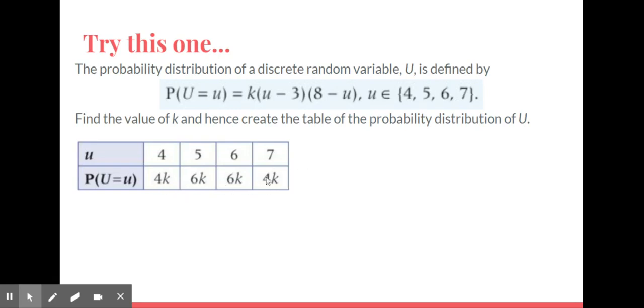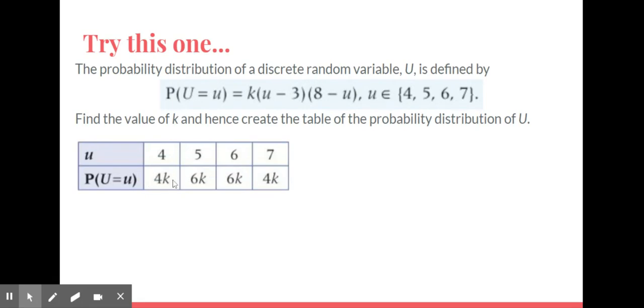My denominator, my second row of my table, is coming from taking each of these values of u and subbing them into the function. So if I take 4 and I sub it in for u here and u here, I get 4k. If I take 5 and I sub it in, I get 6k, et cetera, et cetera. If you're not sure how I got those, again, take a second to pause and just do that substitution so that you can see where I'm getting those values from.